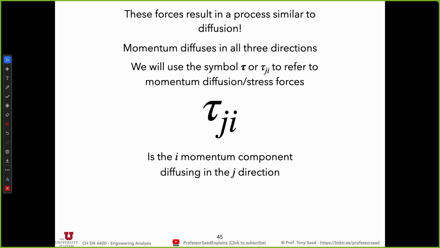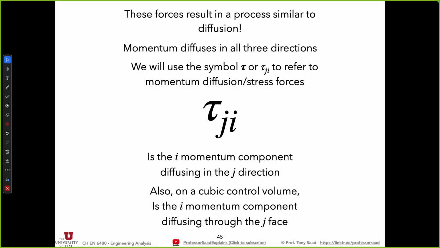Now, this is not the j unit vector. j is simply an index saying this could be either the x, y, or z direction. So again, tau ji represents the diffusion of the i component of momentum in the j direction. Also, if our control volume is a cube, this is the diffusion of the i component of momentum on a j face.